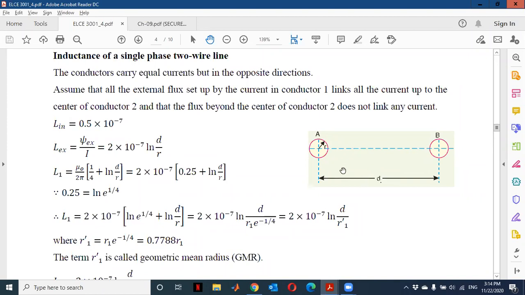So here we will have the effect of flux on conductor A by the currents of conductor A, and the flux affected by the current of conductor B.